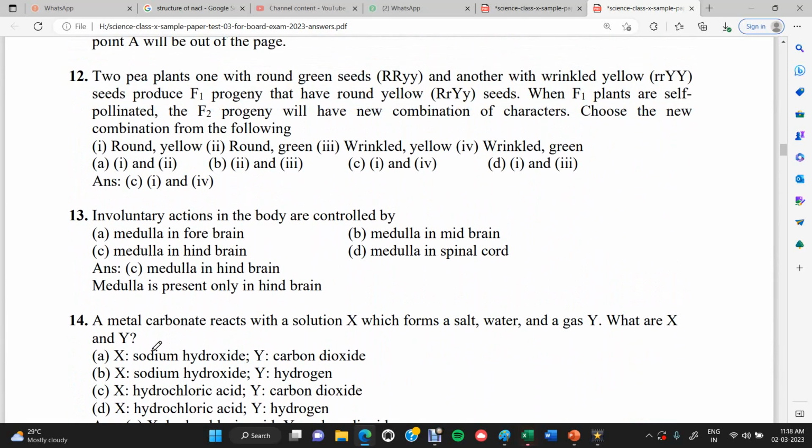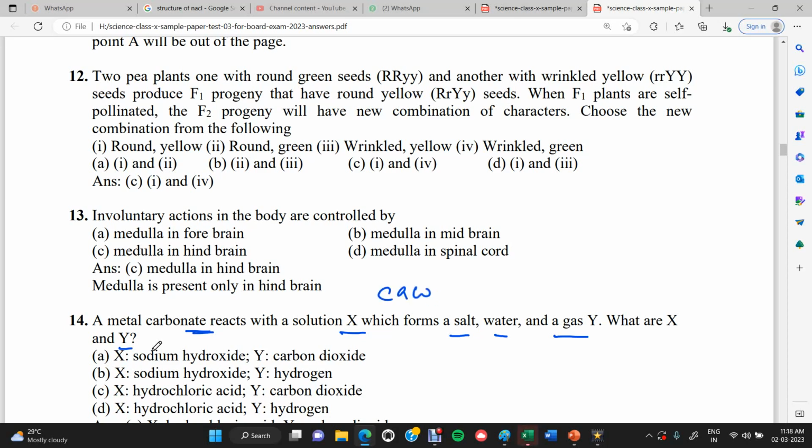A metal carbonate reacts with a solution X, which forms a salt, water, and gas Y. What are X and Y? Any metal carbonate we can take. Let me take calcium carbonate, CaCO3.